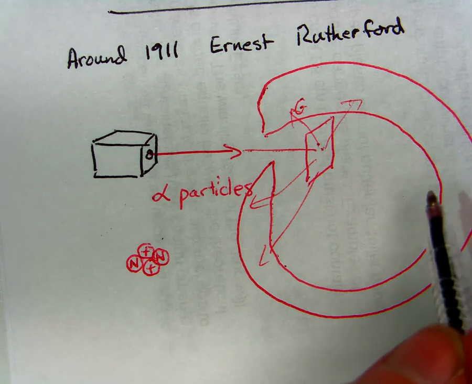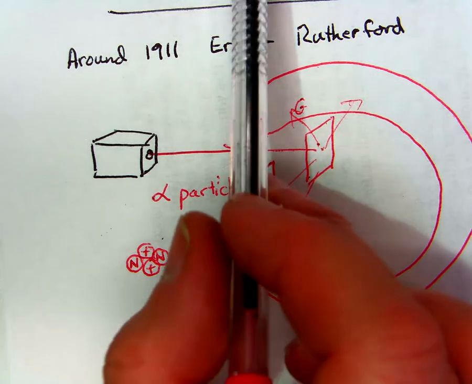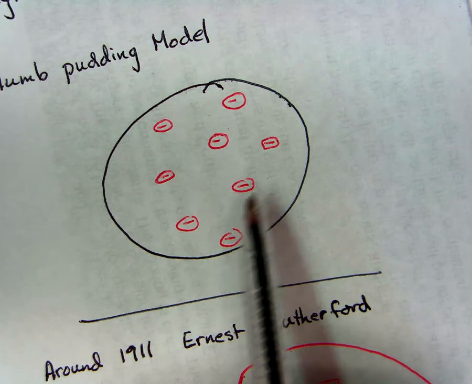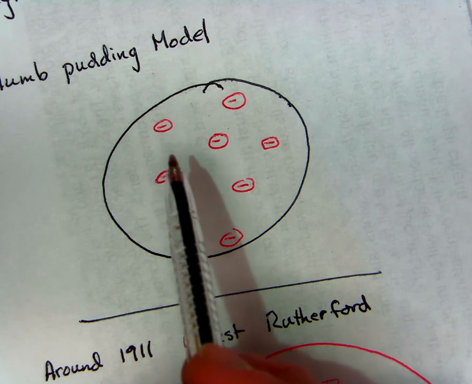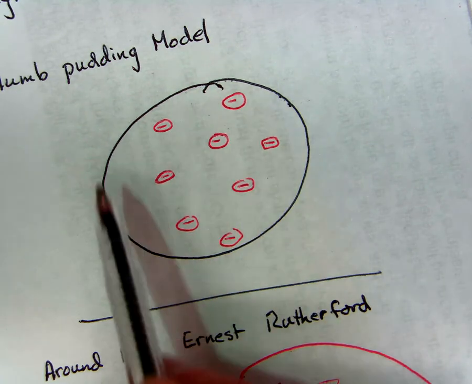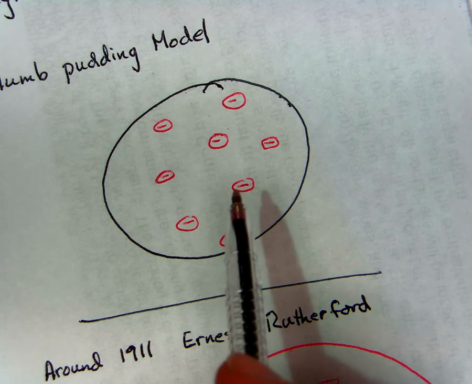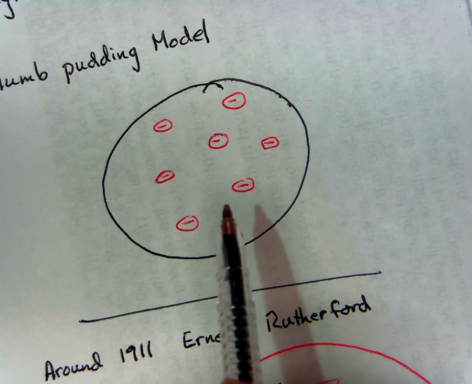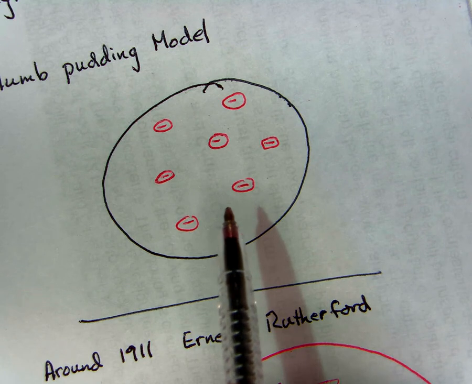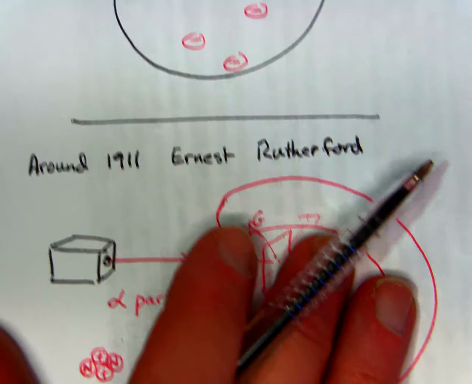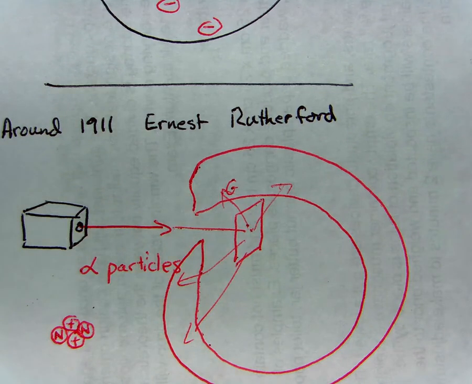And so kind of what he realized then is there was not an even mixture of positive and negative charges in the atom like this, that somehow the positive and the negatives were separated out at different spots. And so he came up with what was called the planetary model. And they call it the Rutherford model as well.